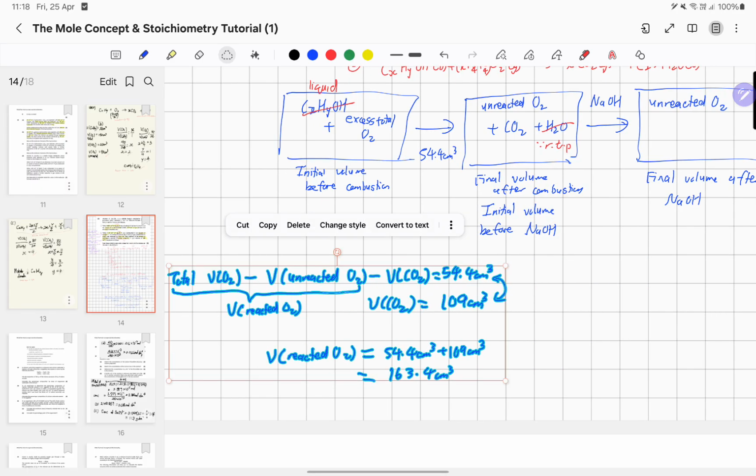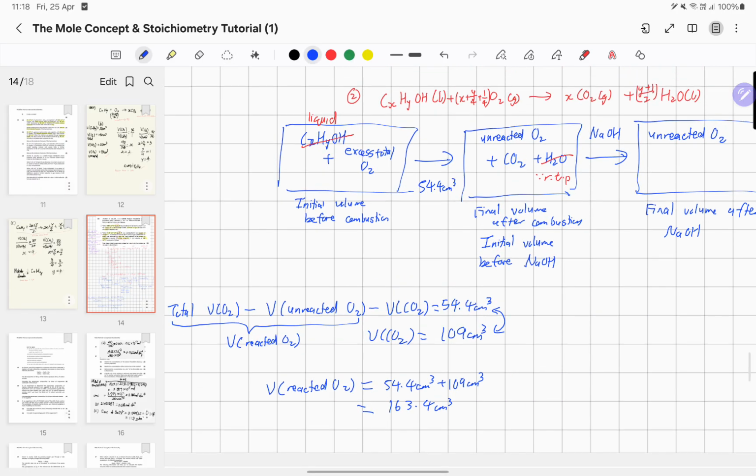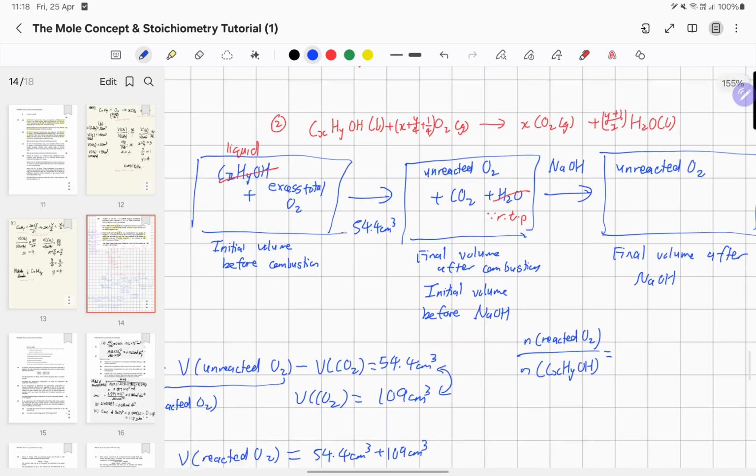Once that is done, then I want to translate that to mole ratio. So reacted O2 and CxHyOH, and then I need to look at what the mole ratio is here.